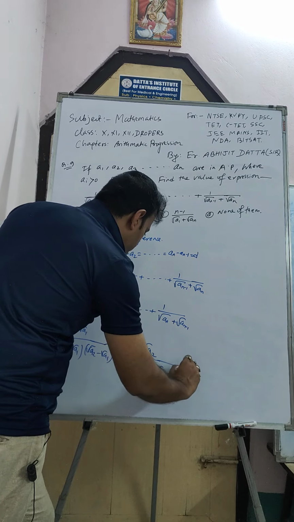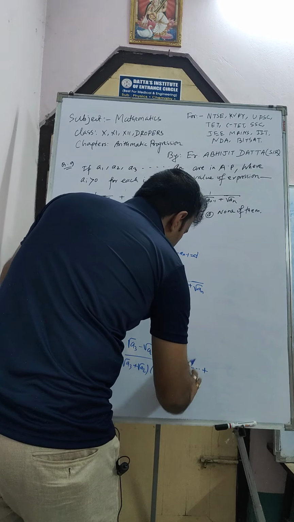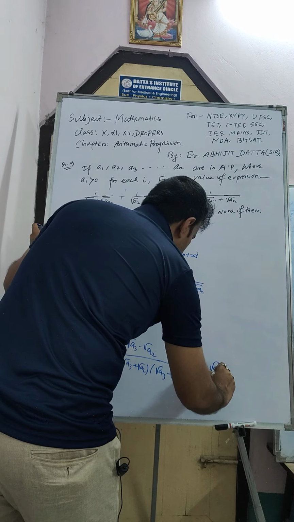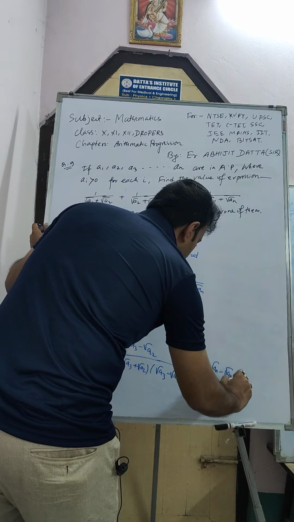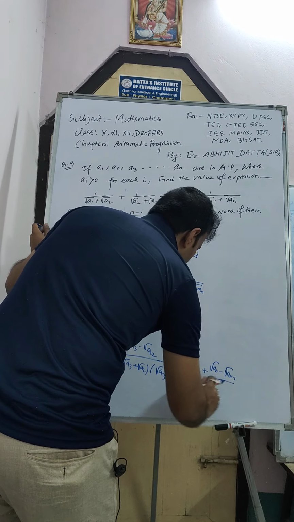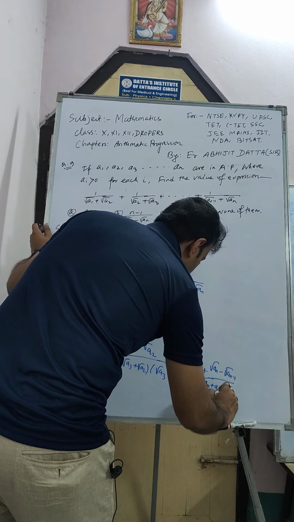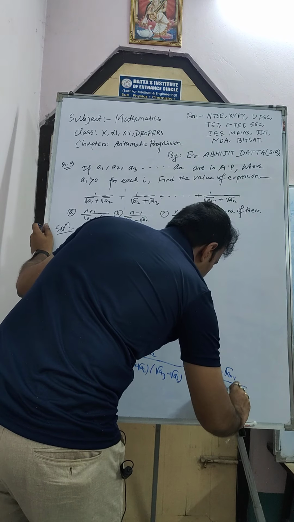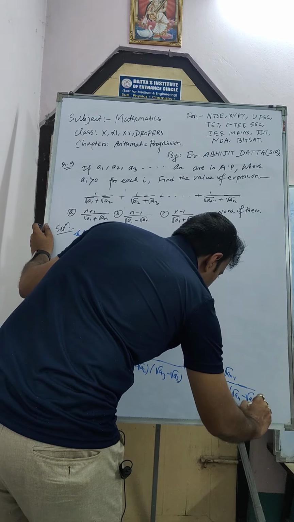Okay, fine. After that, here will be root an minus root a(n-1). Here will be a similar pattern: root an plus root a(n-1) multiplied by root an minus root a(n-1), and here also an minus a(n-1). Fine.